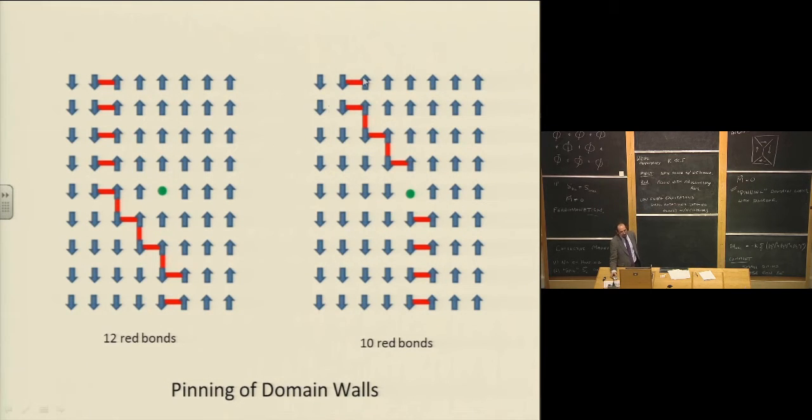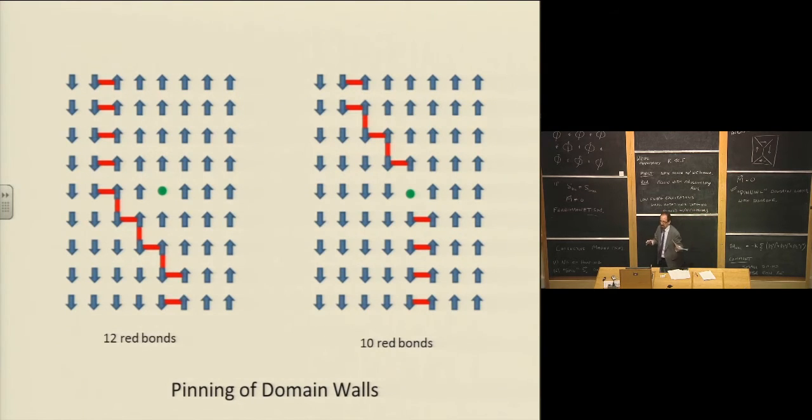If you happen to move the domain wall to a different position over here so that it goes through the defect, there's only 10 red bonds now, not 12. So the energy actually drops if the domain wall goes through the defect. It's a lower energy for domain walls to go through defects, so they want to stick on the defects. And that's how you pin a domain wall with some disorder.